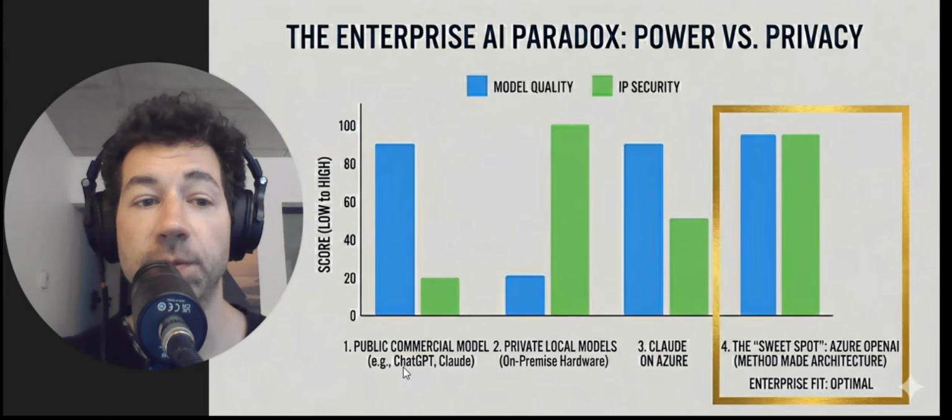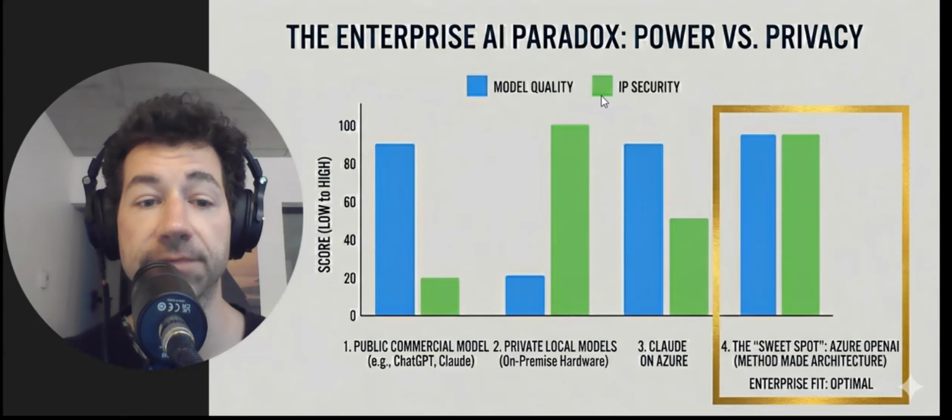Unfortunately, because of the market dynamics of the competition between these foundation model providers, you are in a tough spot. GPT and Claude are in competition with each other to have the highest quality model, and what that means is they're fighting for access to your data and IP so that they can be better than each other.